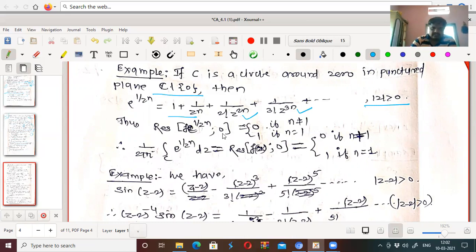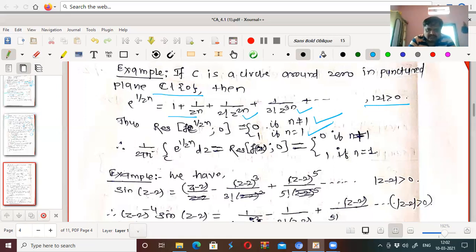Now 1 upon z raised to n is there, isn't it? So if n equal to 1, the coefficient of 1 by z is 1. And if n is not equal to 1, then the coefficient of 1 by z is not there, that is 0. Therefore, the residue of e^((1/z)^n) at z equal to 0 is 0 if n is not equal to 1, and it is 1 if n equal to 1.